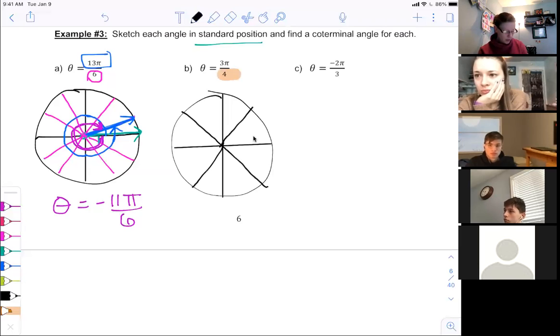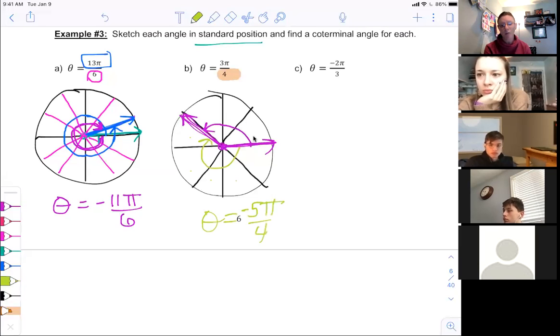Starting in the center and the initial side, I'm moving to 3. 1, 2, 3. Make sure you draw your end side as well. So it should be obvious where it starts and ends. You need your initial and your terminal side. And then the coterminal angle would be the one going in the opposite direction. And you can just count 1, 2, 3, 4, 5. It's negative because we're moving in the opposite direction.